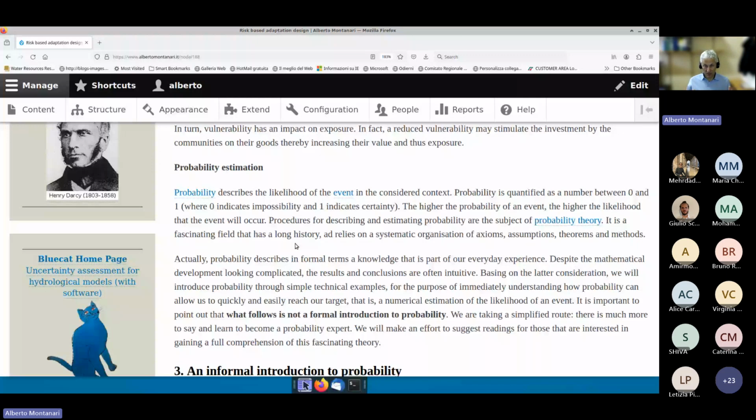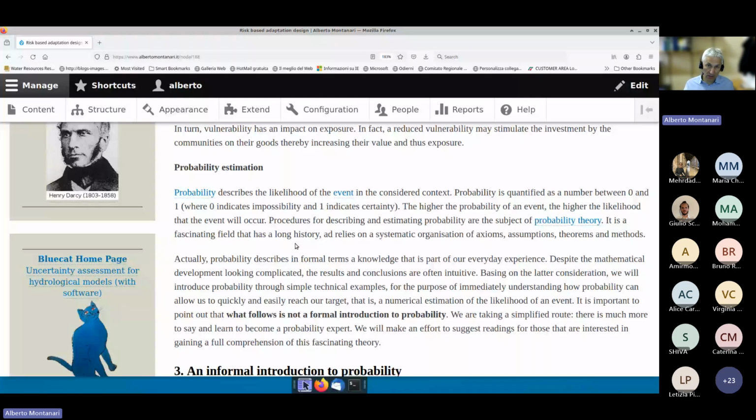You get numbers, typically results from experiments, and you study these numbers in order to elaborate your prediction, to elaborate your understanding of what's going on. A part of statistics is called probability. Statistics is not only probability, but for dealing with uncertain events, probability is the method that is most largely used.